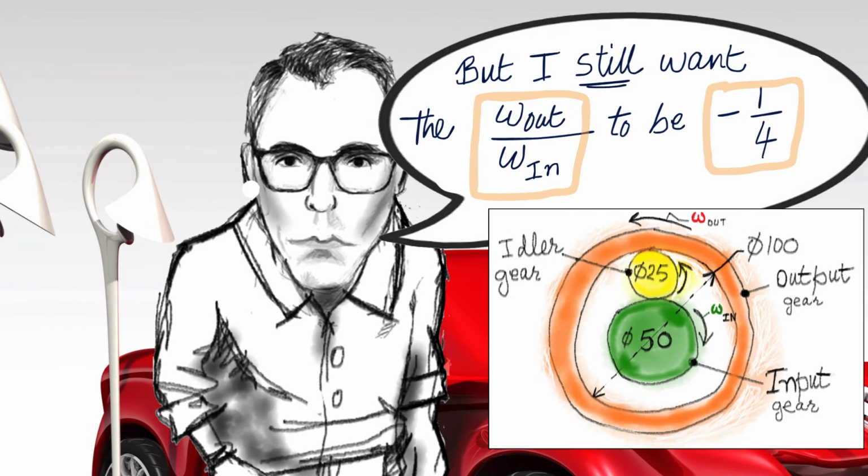The three original gears are the dia 50 green input gear, dia 100 orange output gear, and the dia 25 yellow idler gear.